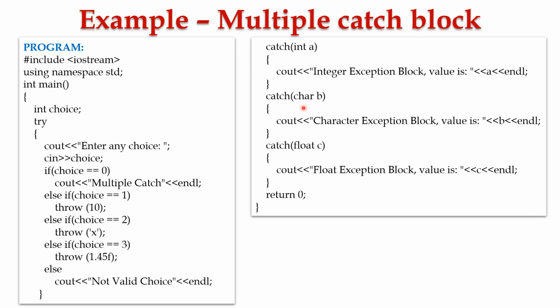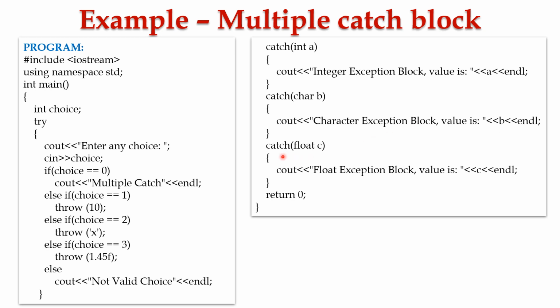In the next catch block, that is catch(char b), this specifies that this catch will catch the exception of type char. When an exception of type character is thrown in the try block, the program flow will jump to this catch block and execute this out statement, that is, "character exception block value of B" is displayed to the user.